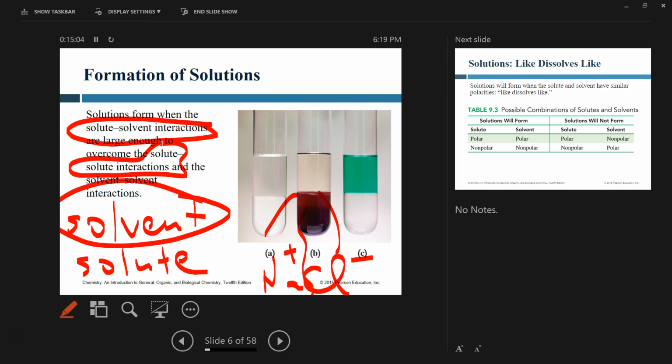Does that make sense? You understand what I'm trying to say? So when you dissolve something, it has to be beneficial. It has to provide some kind of a benefit from the energy standpoint. Okay? That makes sense? For instance, here in this illustration, you can see different non-polar fluids not mixing with water.